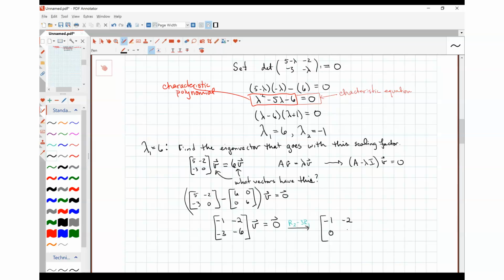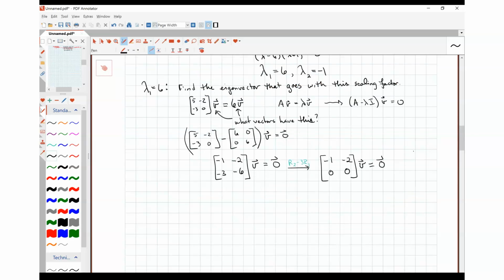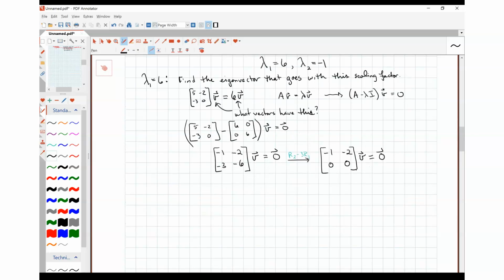Remember that we're expecting this to have a free variable. All right, and let me call this v, little v1, little v2, I guess. So reading off this equation, I have minus v1 minus 2v2 equals 0, and 0 equals 0 is the other equation. And so I see that together these tell me I've got v1 is equal to -2v2, and v2 is free.